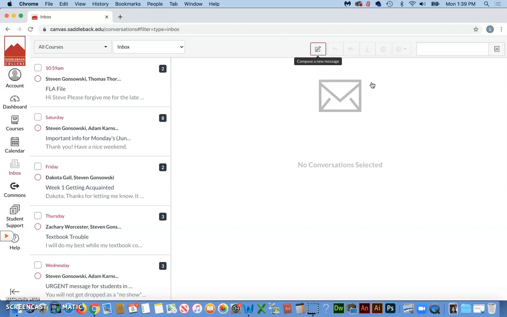One of the problems with Canvas is that stuff kind of goes off into Never Never Land. Now, I guess there are ways where you can set it up where it emails the instructor, but to me it's just a whole lot easier if we all just pick and decide on one method of communication, which is right here, this inbox icon through Canvas.